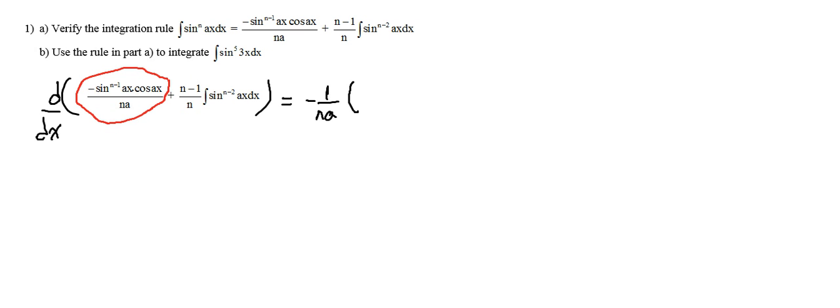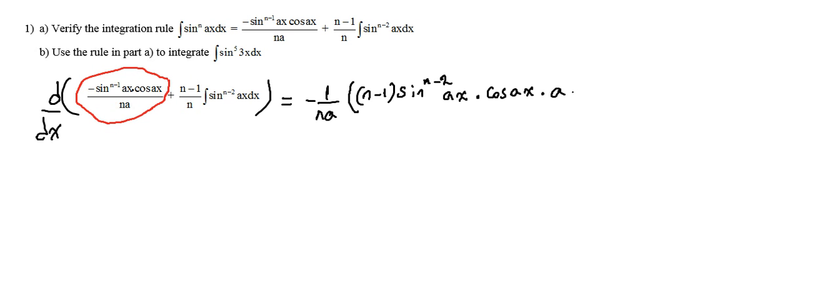This is actually u times v. It's u prime v plus u v prime, right? So let's derive sine to the power n minus 1 ax. It is simply n minus 1 multiplied with sine to the power n minus 2 ax times the derivative of sine ax, which is cosine ax, times the derivative of ax, which is a, right?